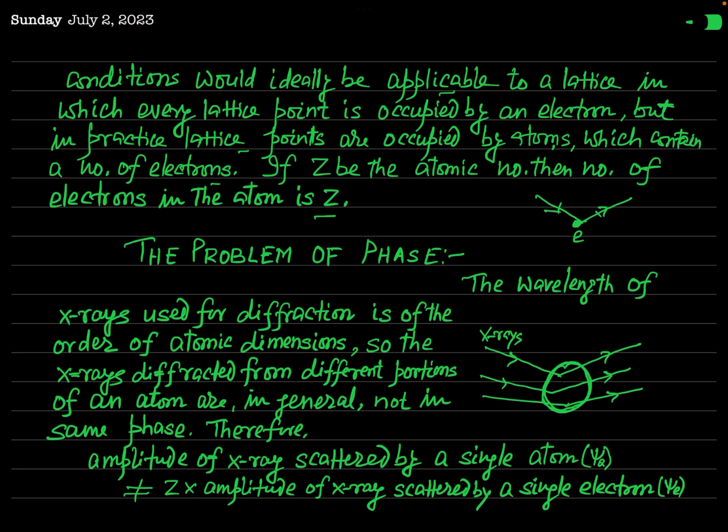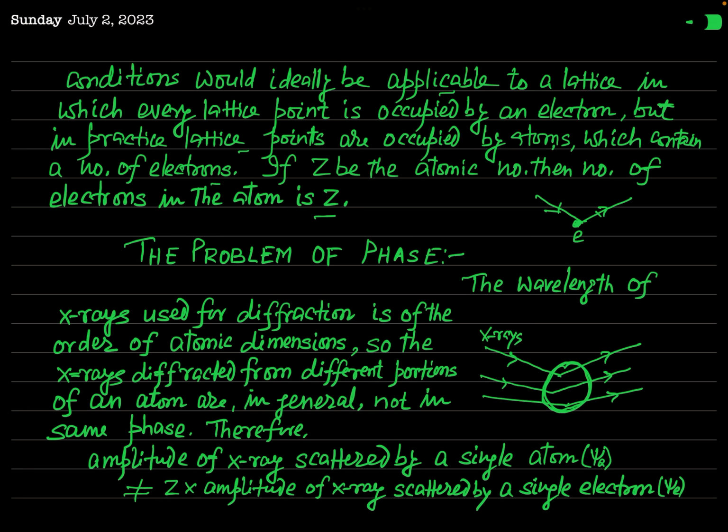Since the wavelength of the X-ray is of the order of the dimension of an atom, when the X-ray is incident on the atom, it will get diffracted, or suffer Bragg's reflection, from different points or different portions of the atom.